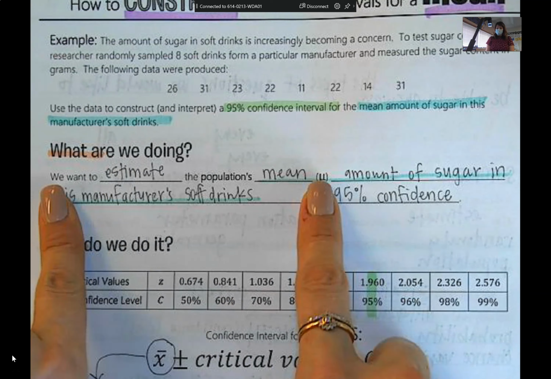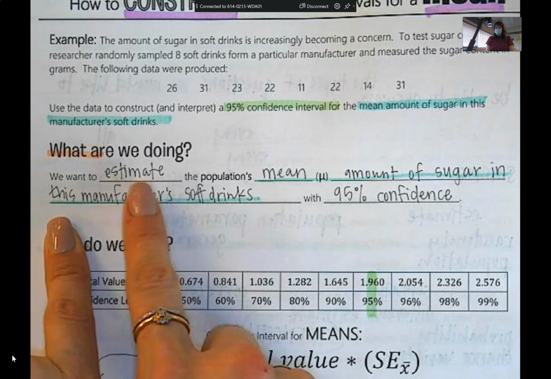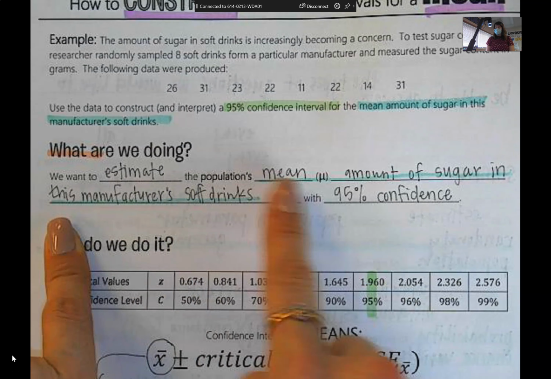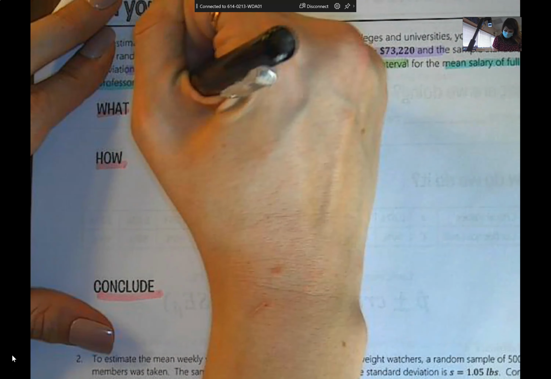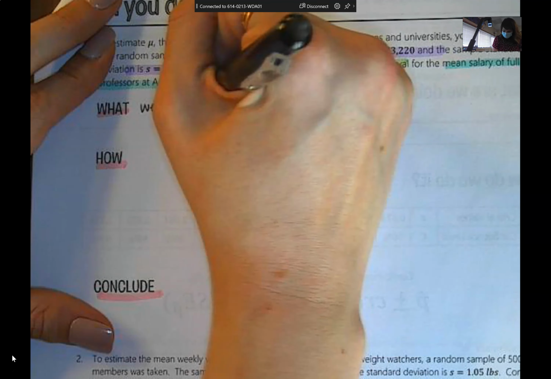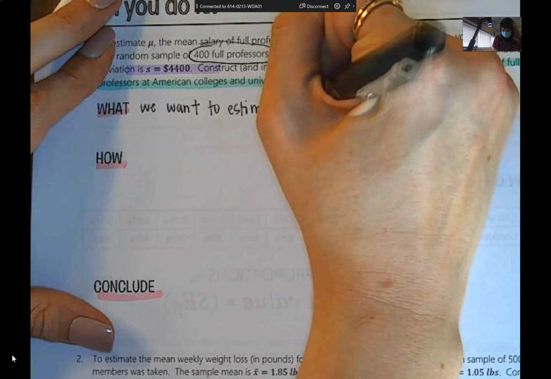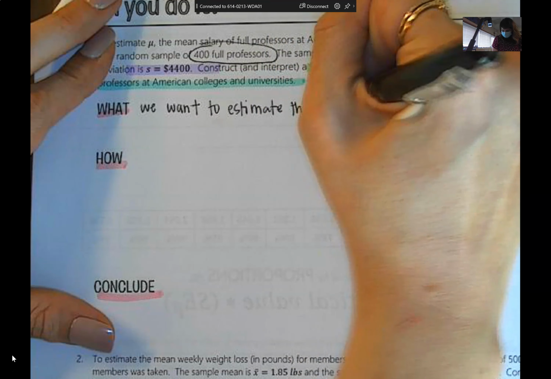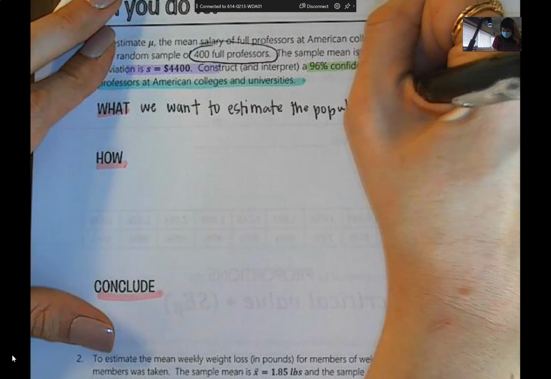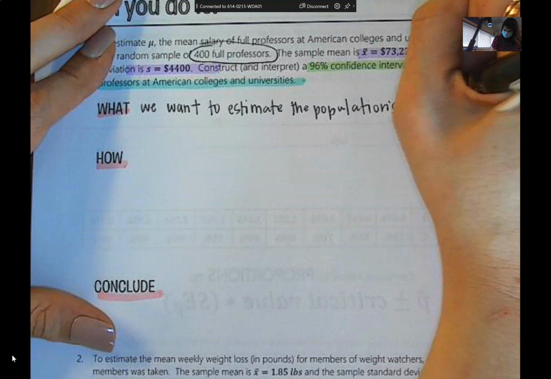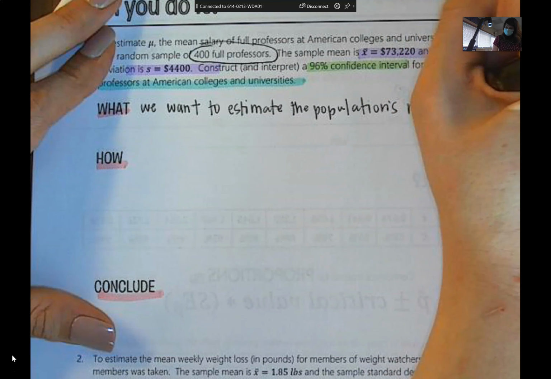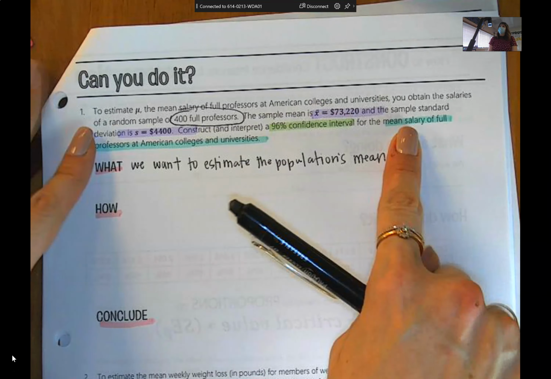We want to start by saying we want to estimate the population's mean, and then we write down this last part of the prompt that we highlight.